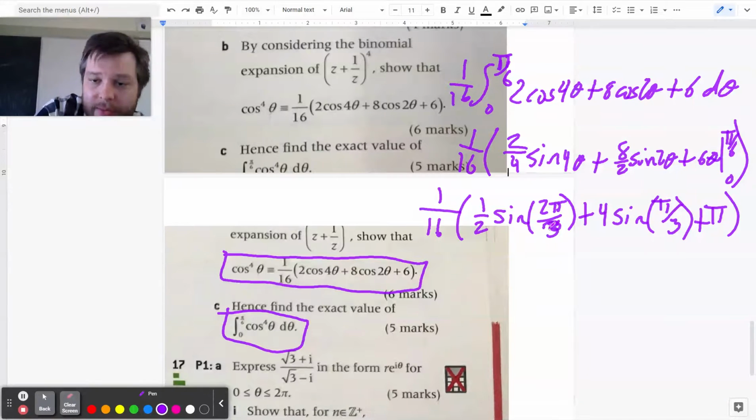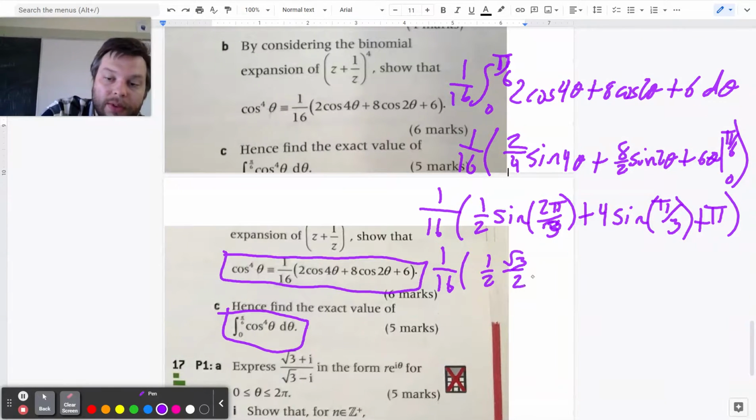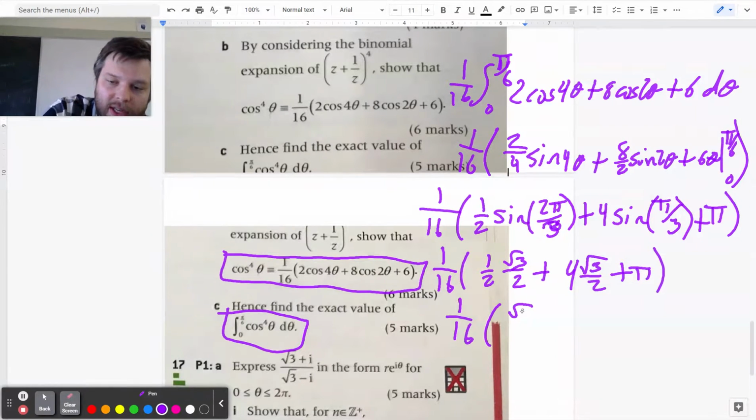Let's see, the sine of 2 pi over 3 is square root of 3 over 2, so we have 1/16 times 1/2 times square root of 3 over 2, plus 4 times sine of pi over 3, which is also square root of 3 over 2, plus pi. So that gives me 1/16 times square root of 3 over 4 plus 2 root 3 plus pi.